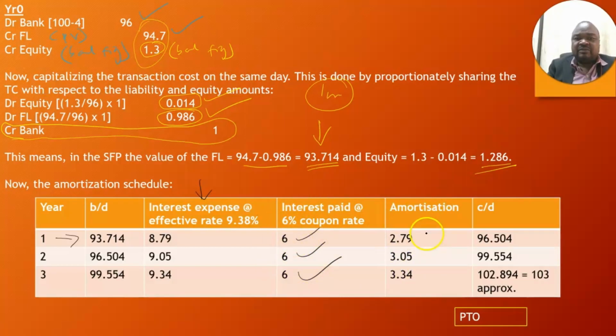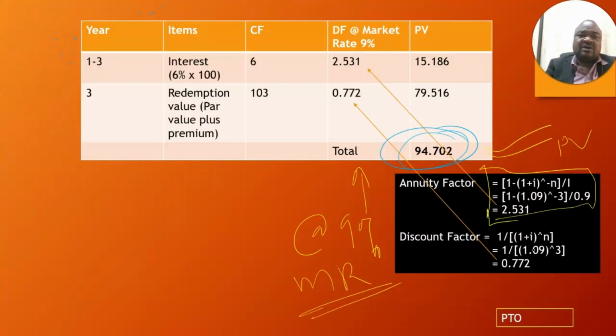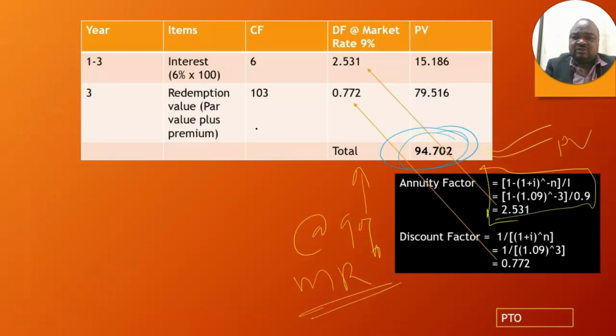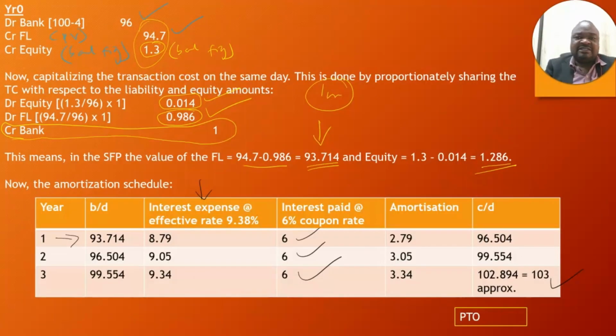Okay, and we come to the amortization and all these other figures, right? And we arrive at 103, which is equivalent to what was said, because the premium on redemption was 3. So 3 plus 10 plus 100 comes to 103. As simple as that, isn't it?